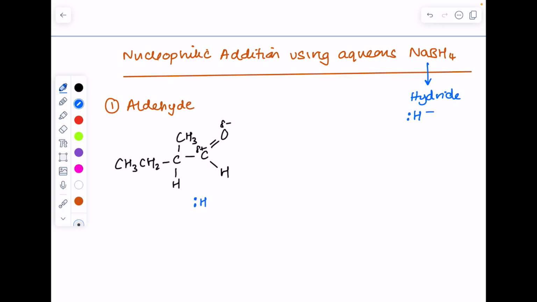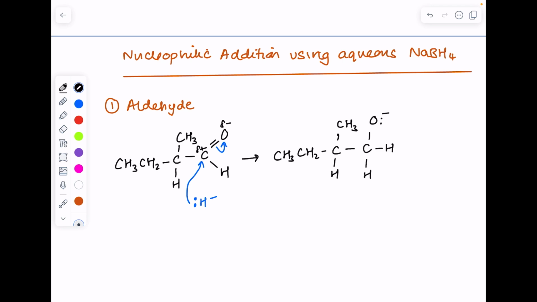So this electron-rich nucleophile is going to attack our slightly positive carbon, which causes one of the bonds in the C double bond O to break. So we're using curly arrows to represent that. We now have a lone pair of electrons on our oxygen, which is going to be attracted to an H+ ion. The H+ ion comes from either the solvent used or an acid added.